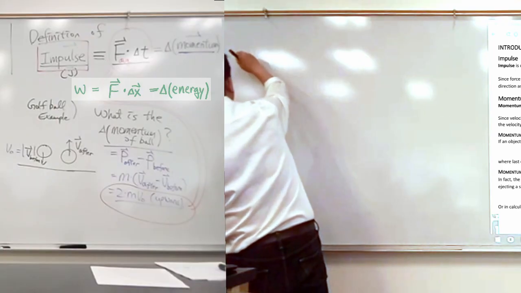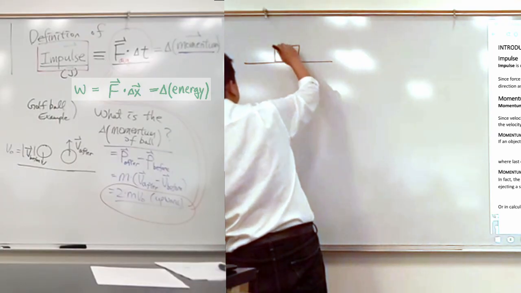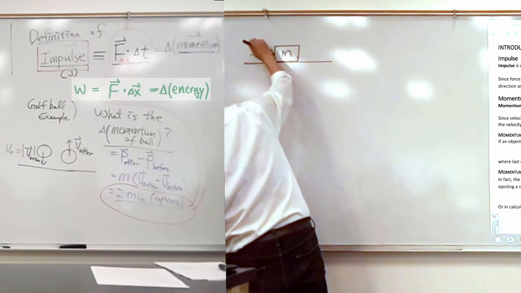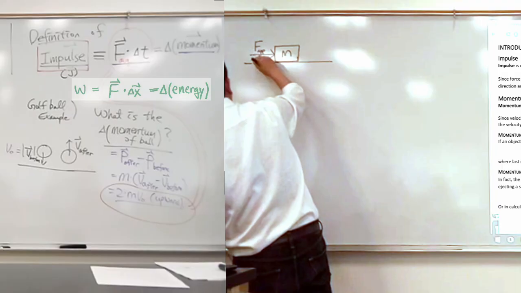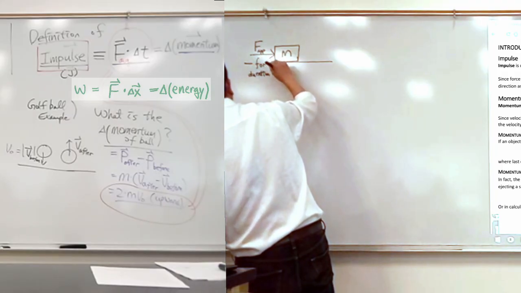So let's put it this way. I have some object here of mass m. And let's say somebody says that I'm applying some force for duration delta t.